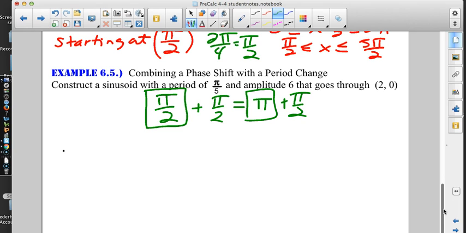So 2 pi over 2 plus 1 pi over 2 will be 3 pi over 2. Three pi over 2 plus 1 pi over 2 will be 4 pi over 2, which will be 2 pi.